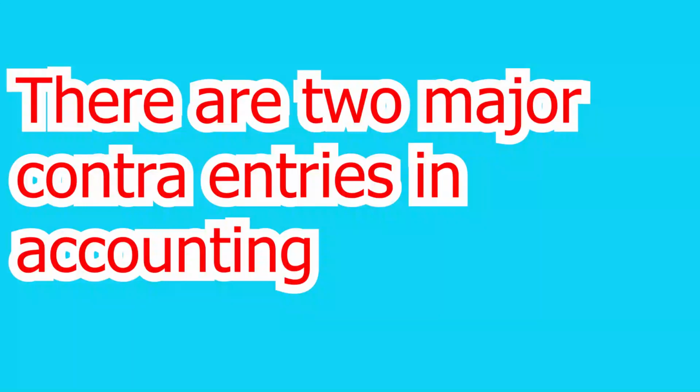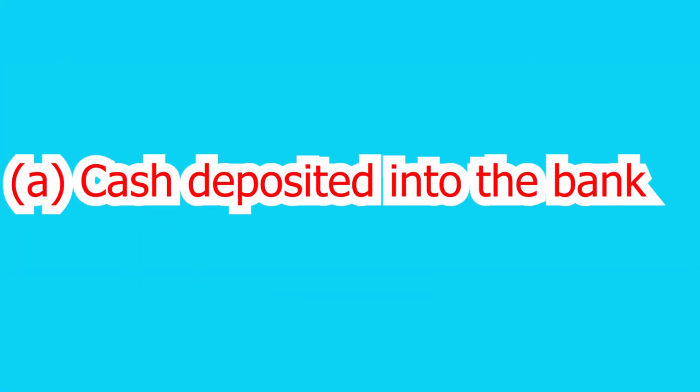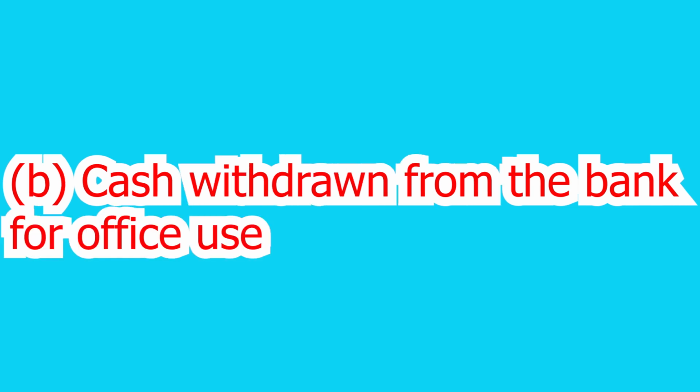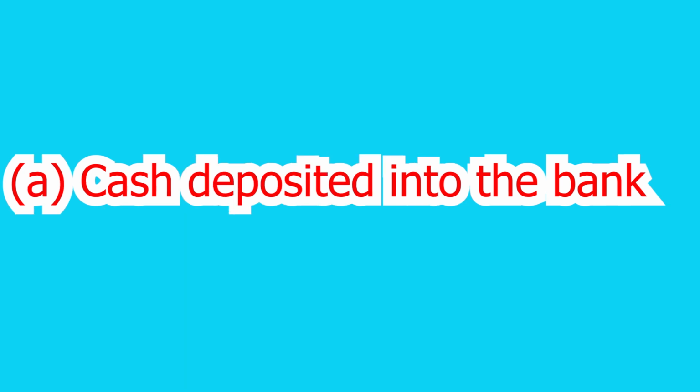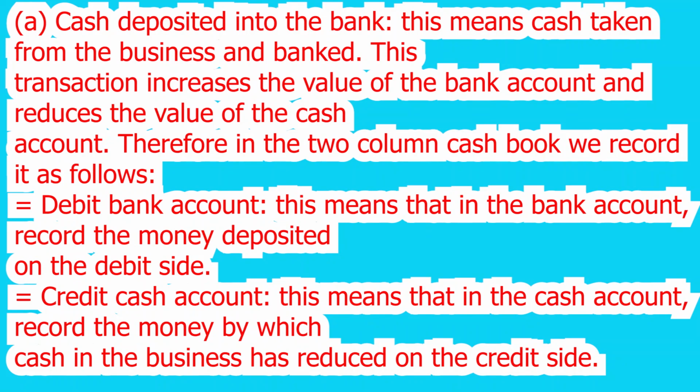So there are two major contra entries in accounting. The first one is cash deposits into the bank. Then we also have cash withdrawn from the bank for office use. Let us start with cash deposited in the bank. This means cash taken from the business and banked. This transaction increases the value of the bank account and reduces the value of the cash account.